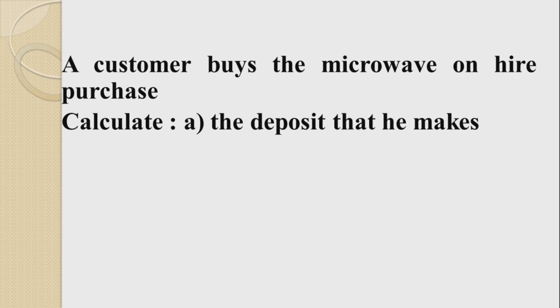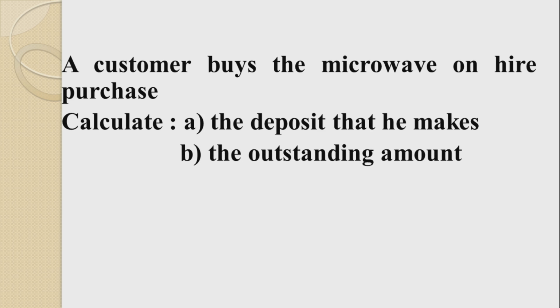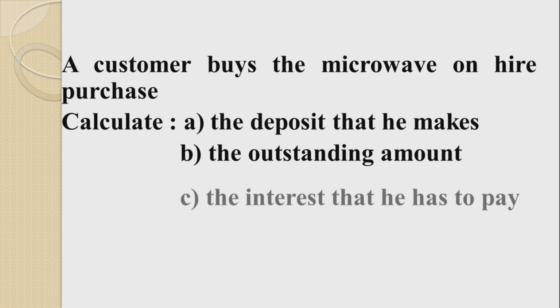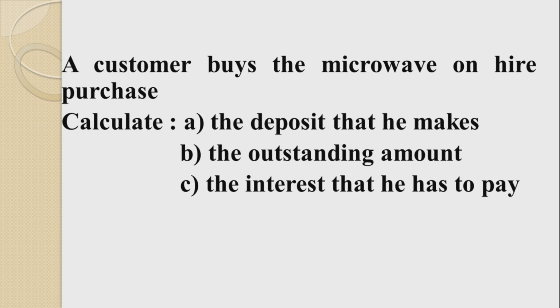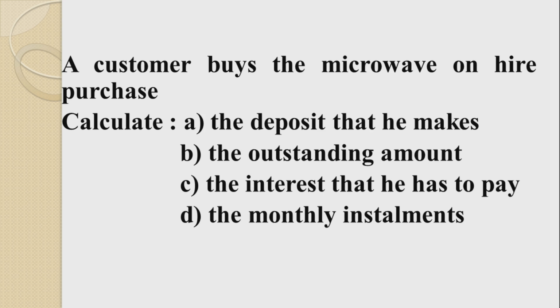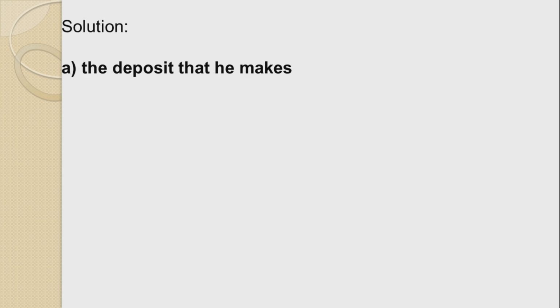The questions are to calculate the deposit that the customer makes, the outstanding amount, the interest that he has to pay, and finally the monthly installments. These are the solutions. The deposit that he makes is 20% of cash price.